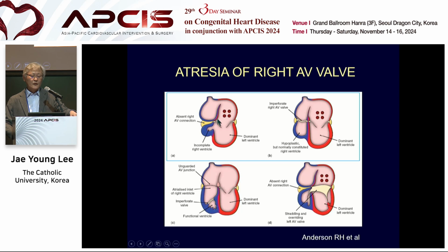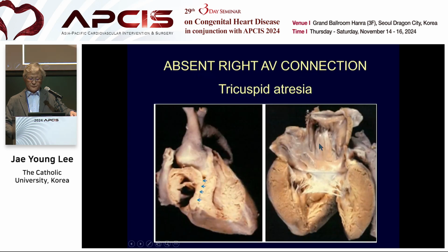Absent right AV valve, for example tricuspid atresia, there is no connection. This is the most common type. Sometimes there is some anatomical potential connection, but there is an imperforate AV valve, still univentricular AV connection. The anatomy is absent right AV connection.